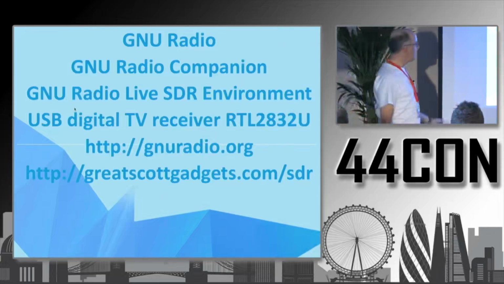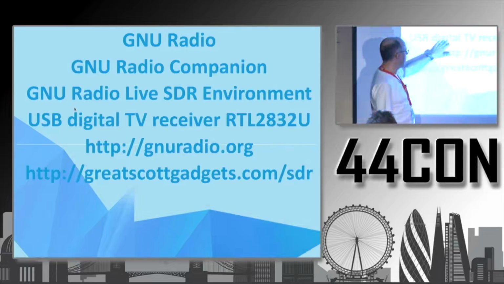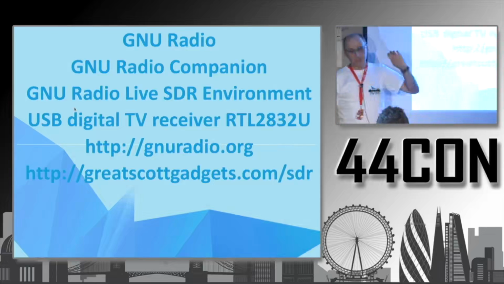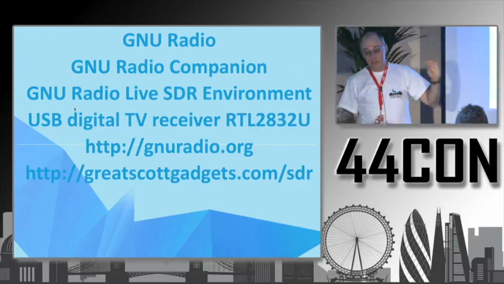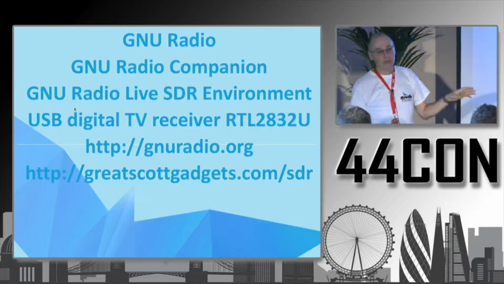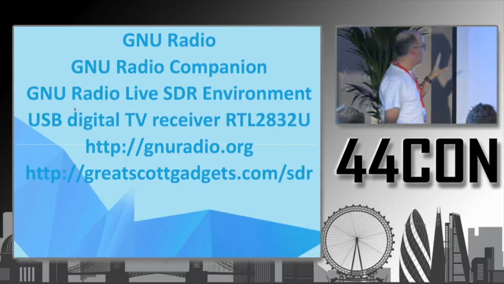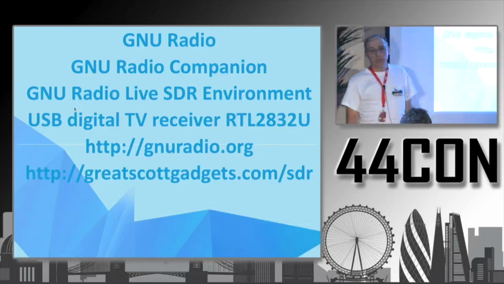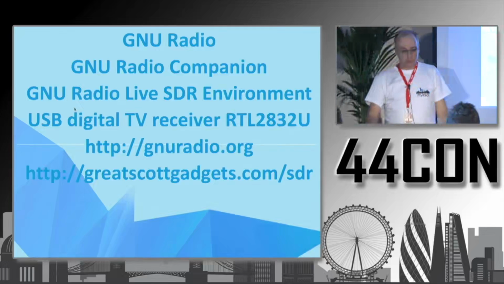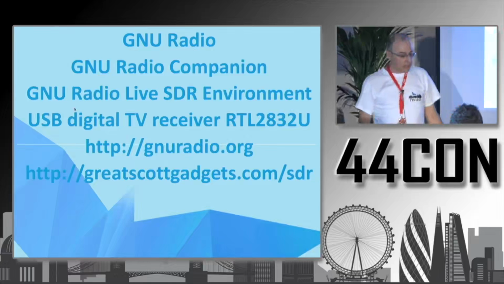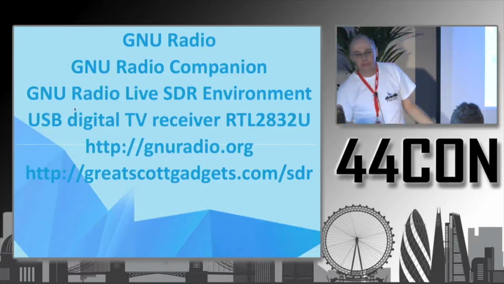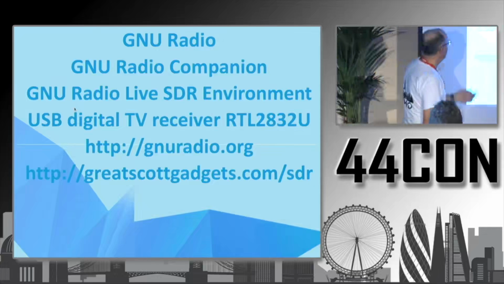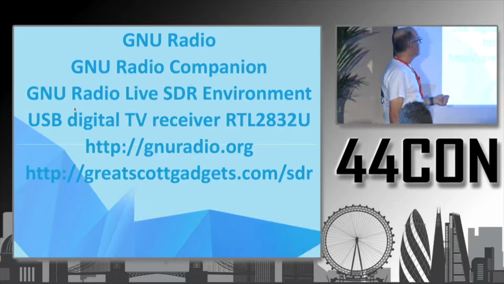Now the thing about this one is that it has an integrated circuit inside which implements a software-defined radio, and this one can be used with GNU Radio and GNU Radio Companion. So we are not going to use the stock software that was delivered with it to watch TV. We are going to use GNU Radio and GNU Radio Companion.